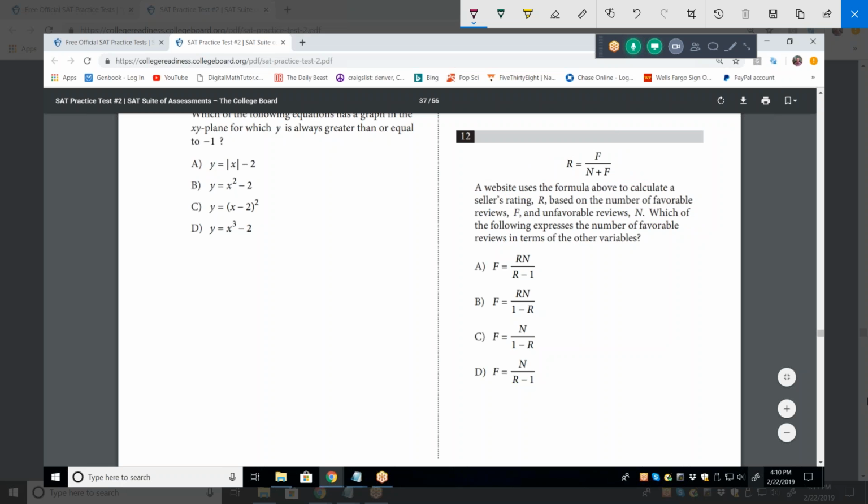Let's solve that for f over here on the left. Let's go through it step by step. It's the first step. Okay, so I would multiply both sides by 1 over n plus f to get f on its own. Okay, I think you actually meant this.